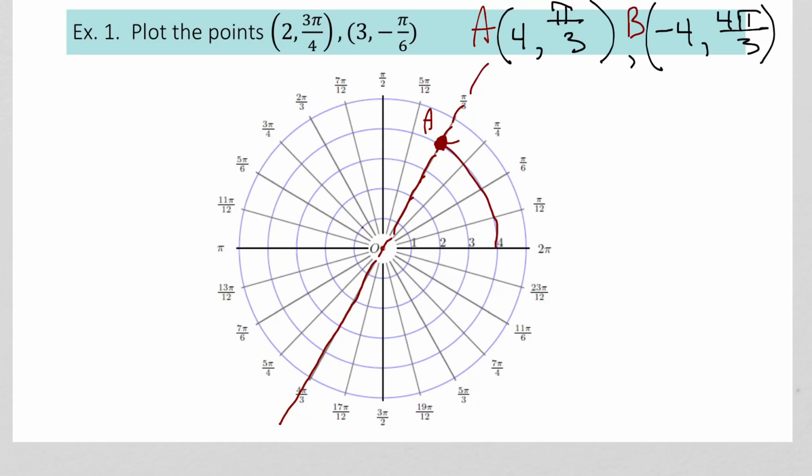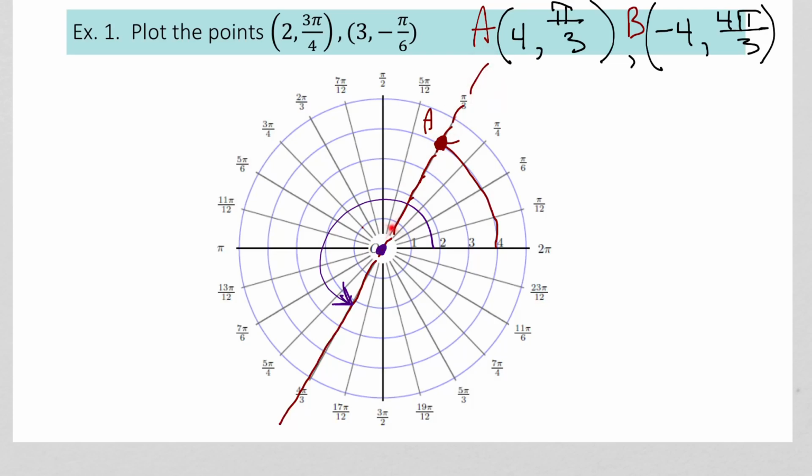If I start at my pole along this radial line, this is 4 pi over 3, starting at my initial side all the way around to here. That amount of rotation. However, if I want to get a negative r in there, I'm going to have to go backwards along this line here, which I extend backwards.